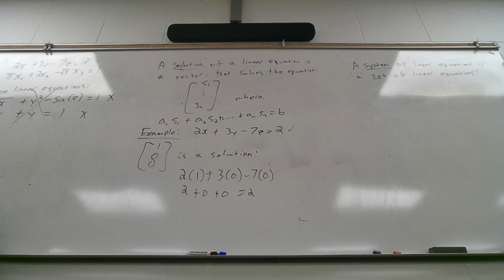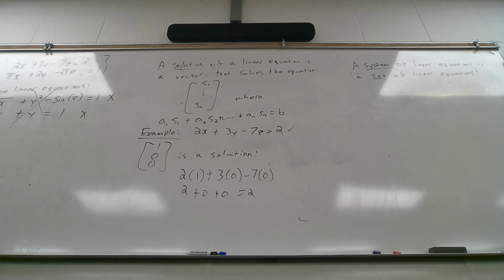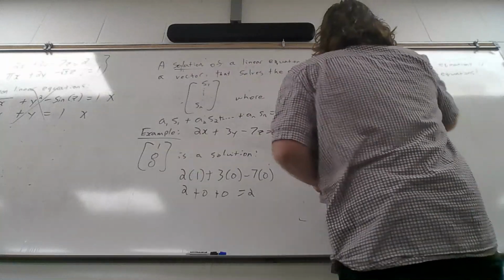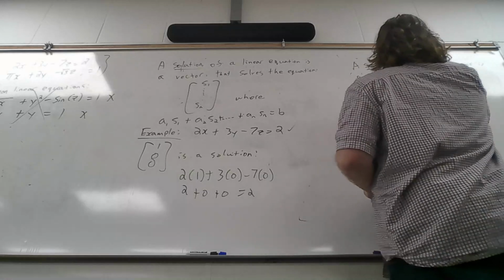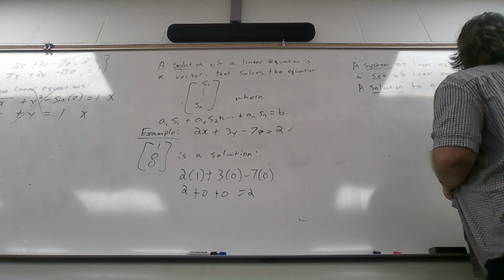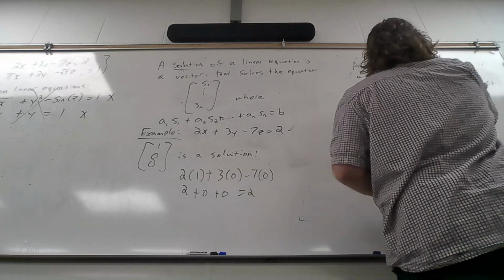Now if I just say they're a set of linear equations, I would need them to have the same variables, so x, y, and z. Now we have a system of linear equations. We're considering both of these equations at the same time. That's all it means. So a solution to a system must satisfy all equations simultaneously.